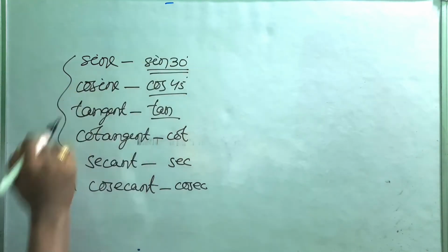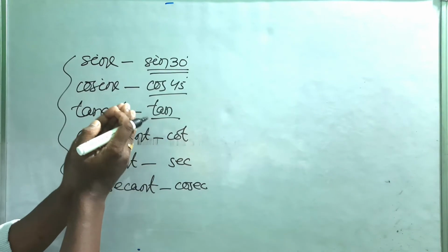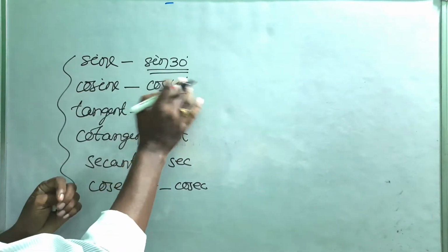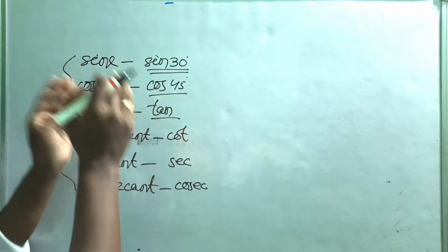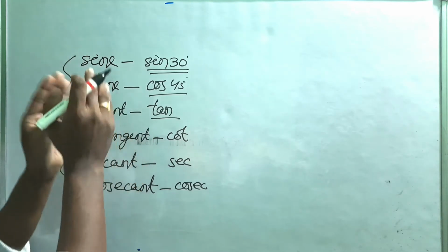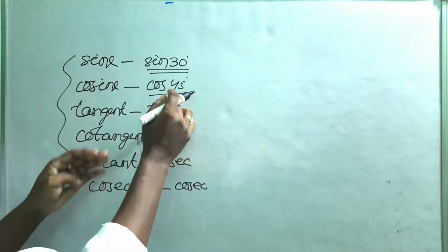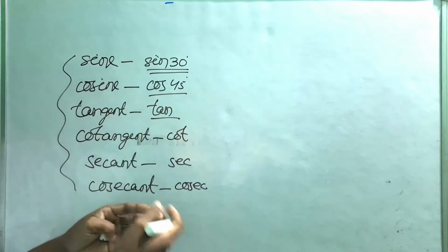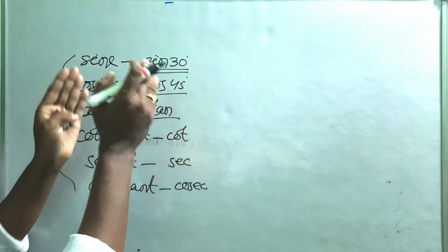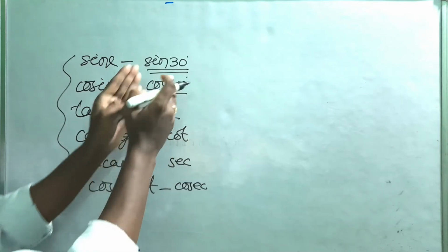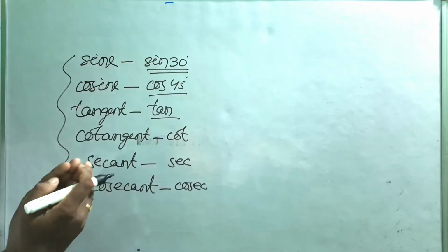So sine 30 degree is the trigonometric ratio of angle 30 degree, cos 45 degree is nothing but the trigonometric ratio of 45 degree angle. Similarly you can take tan 60 degree, cot 60 degree like this. So when we take these trigonometric functions with an angle, it is called trigonometric ratio.